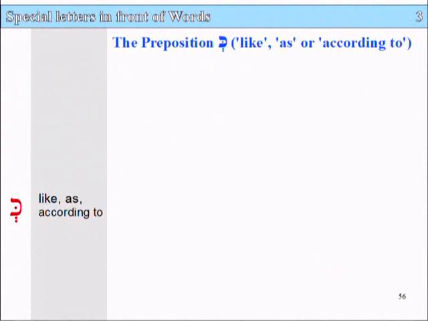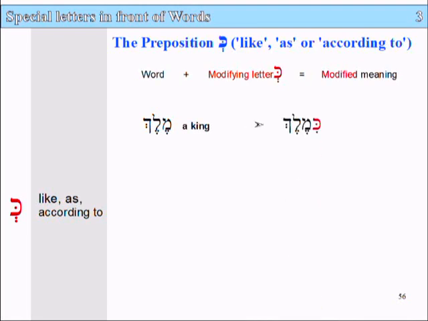Slide 56. Special letters in front of words. The preposition kaf, which means like, or as, or according to. We take the word Malik, meaning a king, and we add the kaf to it, k-Malik, the hirik underneath it, meaning like a king.